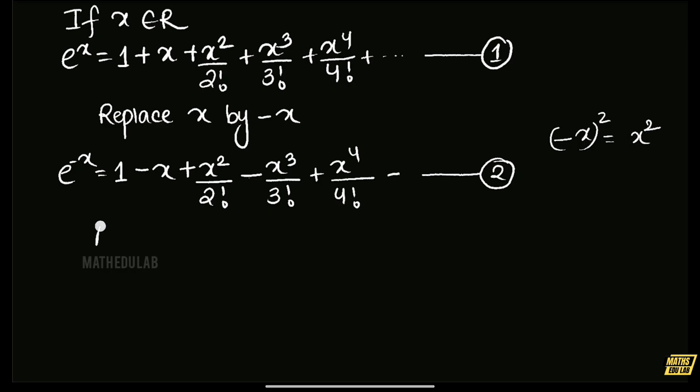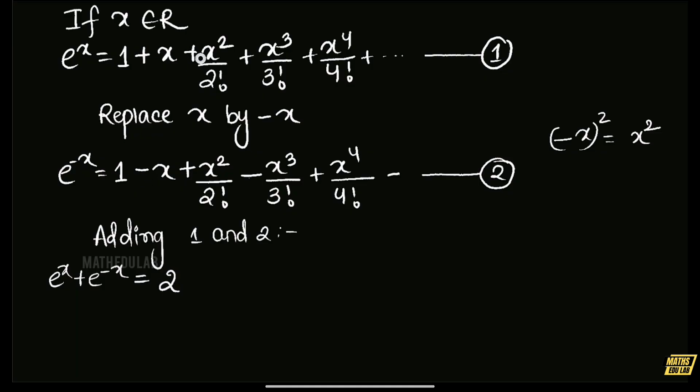Now add both the equations. On adding equations 1 and 2, we get e to the power of x plus e to the power of minus x. Now 1 plus 1 is 2. Plus x minus x will be 0.